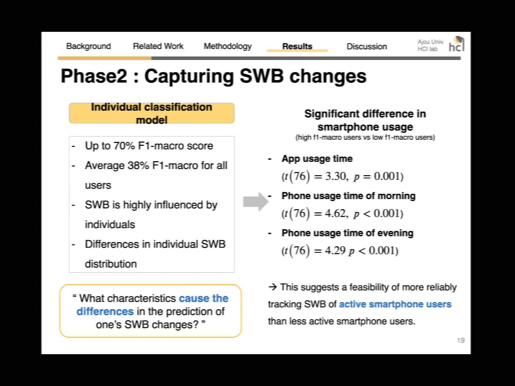Additionally, when comparing their daily smartphone usage time, the high group users tend to spend more time using smartphones per day than the low group users. This suggests the feasibility of more reliably tracking subjective well-being of active smartphone users than less active smartphone users.